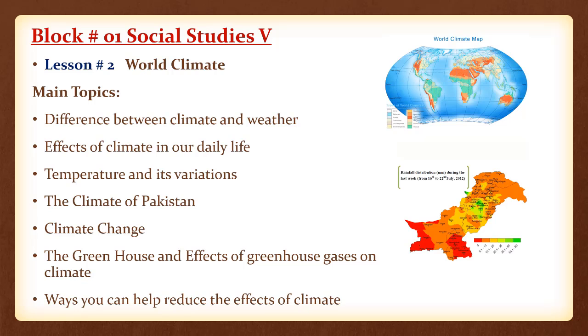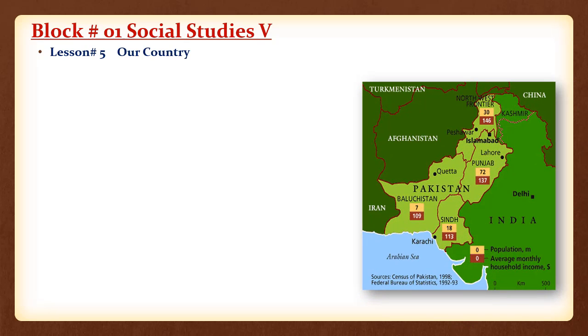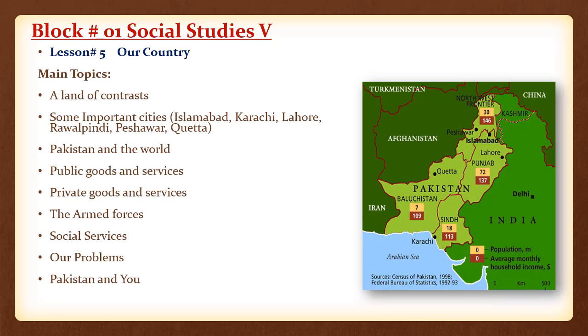Block number 1 and lesson number 5, our country. This will be an important chapter to know about our country Pakistan. The main topics of this lesson are: a land of contrasts. The information on some important cities like Islamabad, Karachi, Lahore, Rawalpindi, Peshawar, Quetta will be the outstanding part of the chapter.